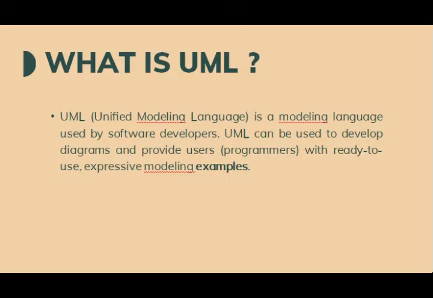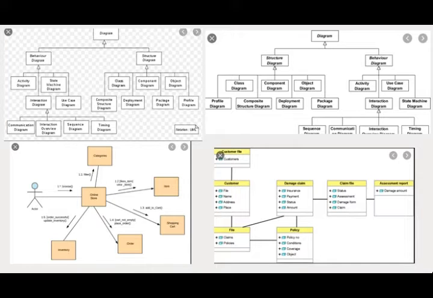What is UML? UML is the Unified Modeling Language. It is a modeling language used by software developers. UML can be used to develop diagrams and provide users or programmers with ready-to-use expressive modeling examples. Some examples are UML diagram types and use case diagrams.